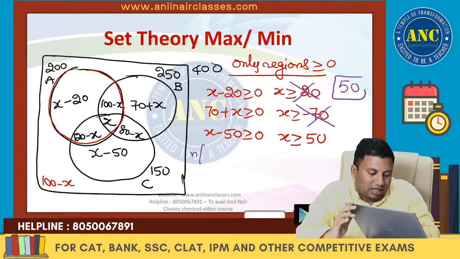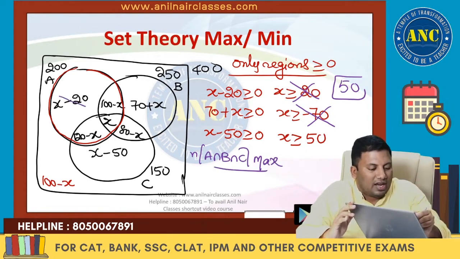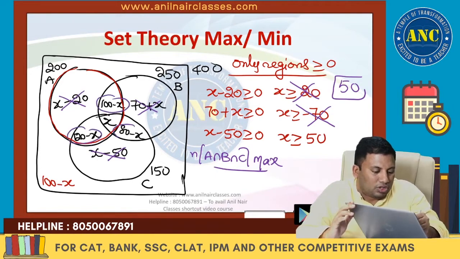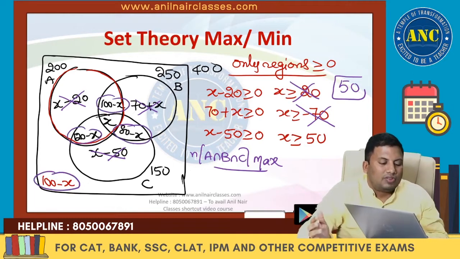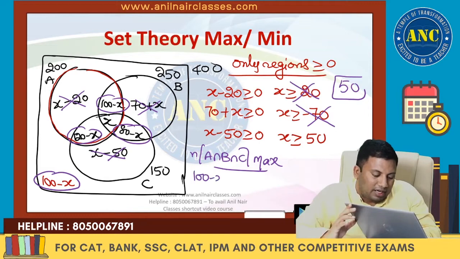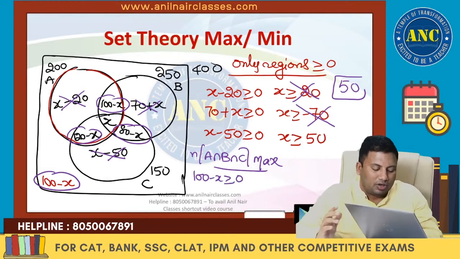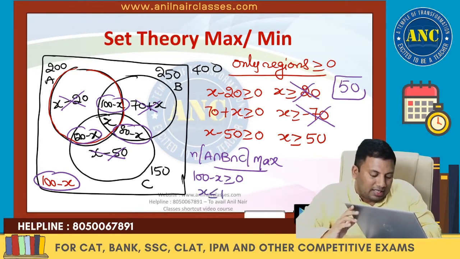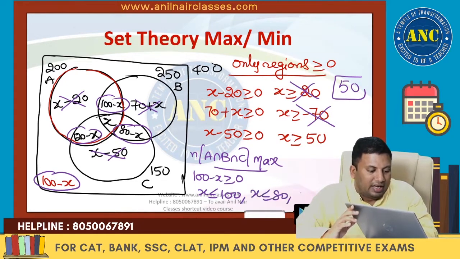I want the n of A intersection B intersection C maximum value. For the maximum value, other than the inner regions, we have to take these four. 100 minus X greater than or equivalent to 0, so X less than or equivalent to 100, X less than or equivalent to 80, X less than or equivalent to 120, X less than or equivalent to 100.